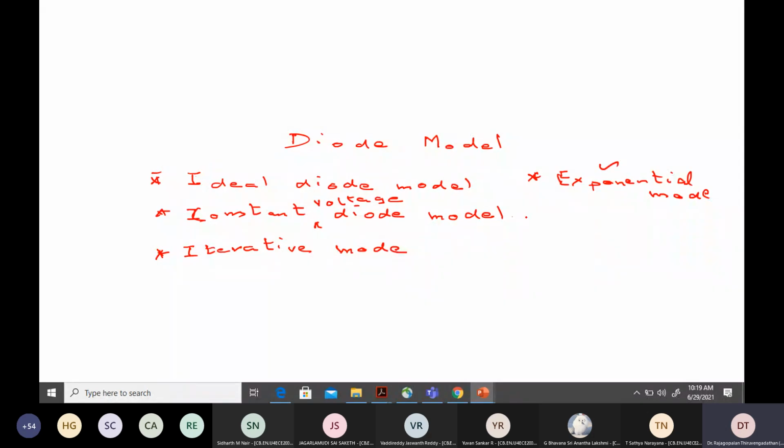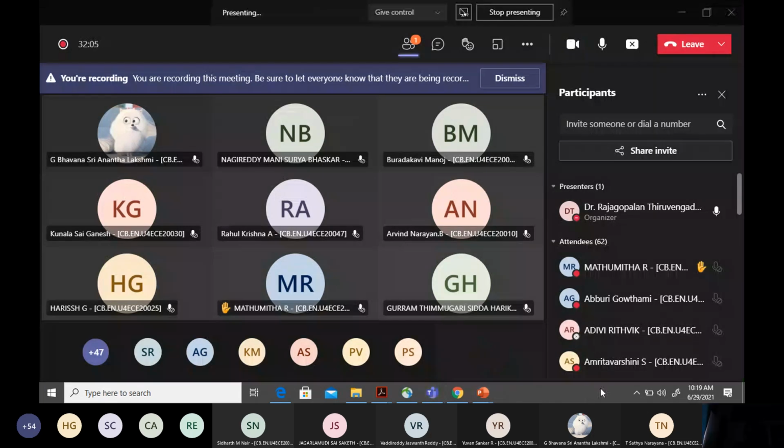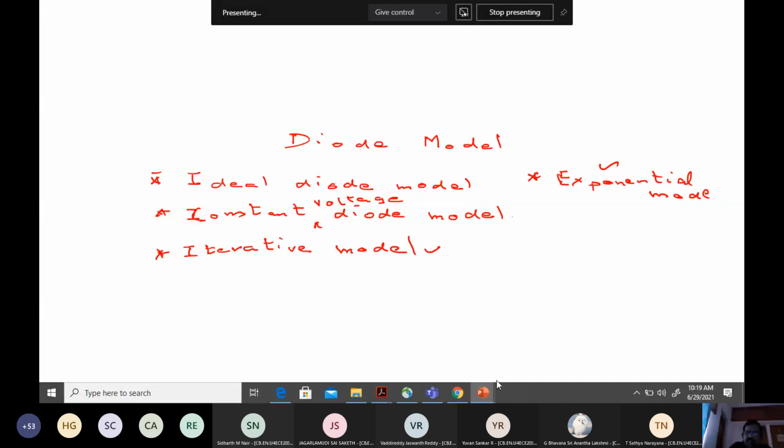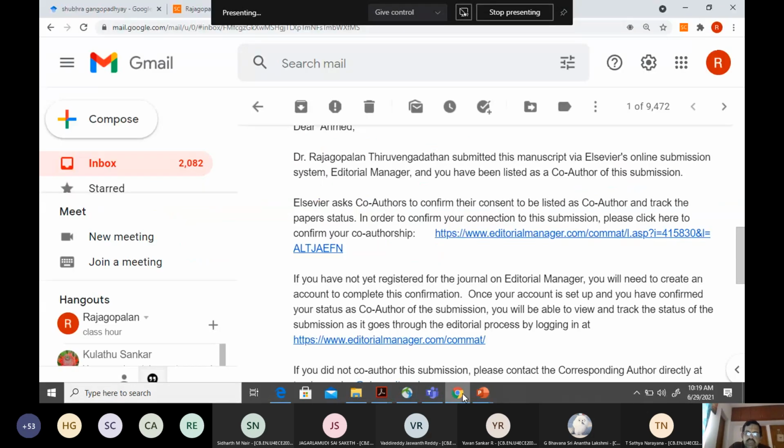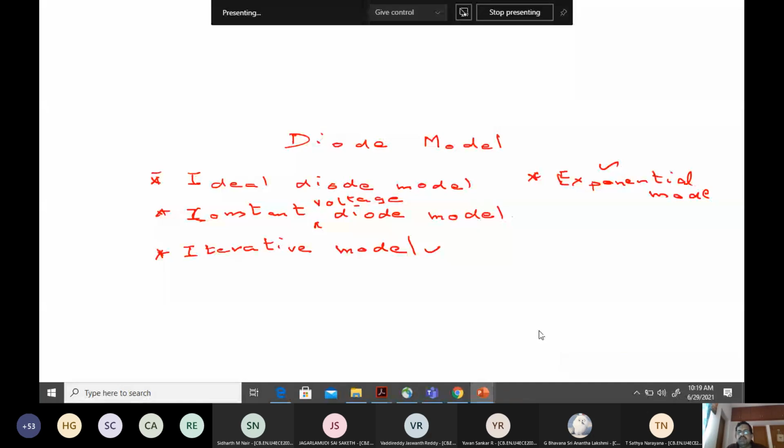So this we know, this we know, and we took a simple circuit. The simple circuit enables us to understand how these models work, and the simple circuit is shown here.